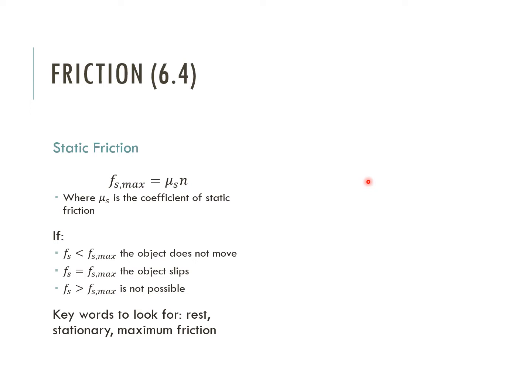The other type of friction that we've been dealing with is kinetic friction. It has a different coefficient of friction, so mu_k times the normal force. That means that the symbol used for kinetic friction is lowercase f with a k for kinetic. Now the kinetic friction is a constant value once you are sliding around on a surface.